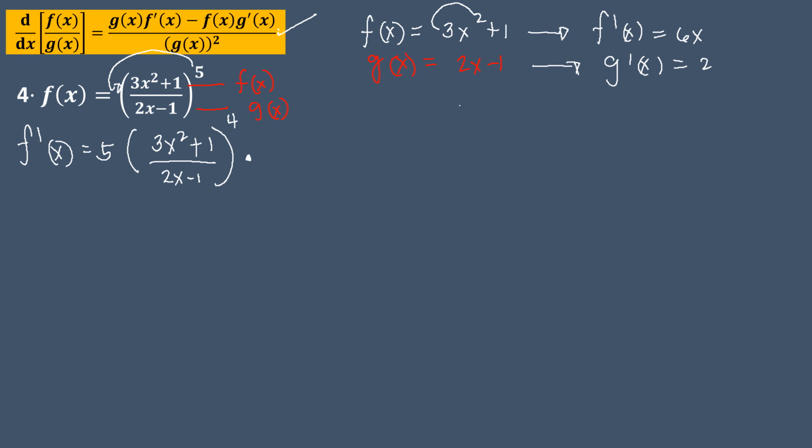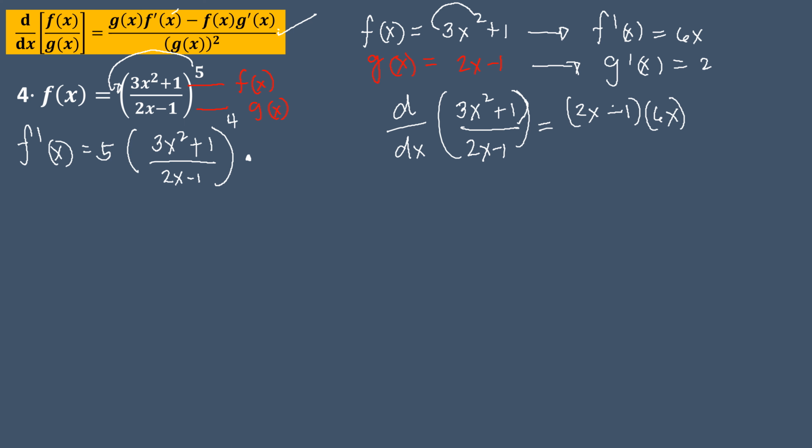So d over dx of 3x squared plus 1 over 2x minus 1 is equal to g of x, which refers to the denominator, 2x minus 1, times the derivative of the first function, which is 6x, minus what? f of x, which is 3x squared plus 1, times the derivative of g, which is 2.